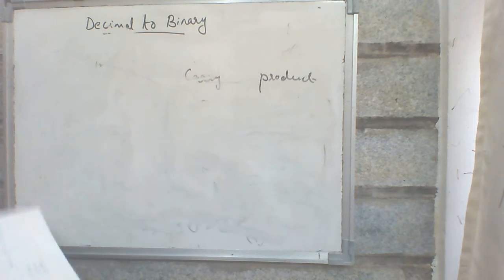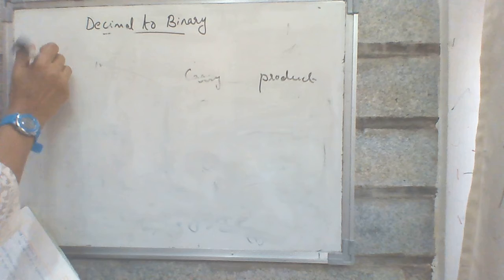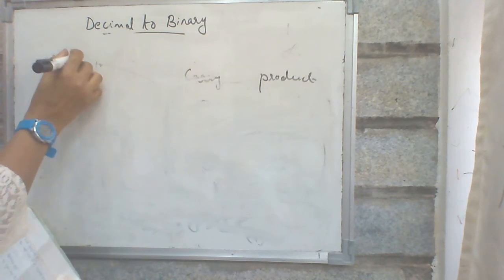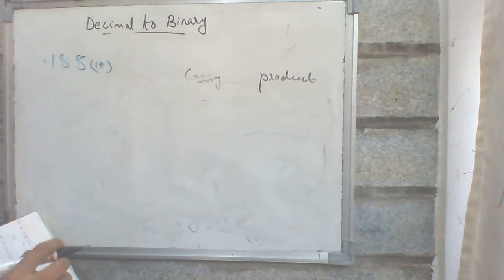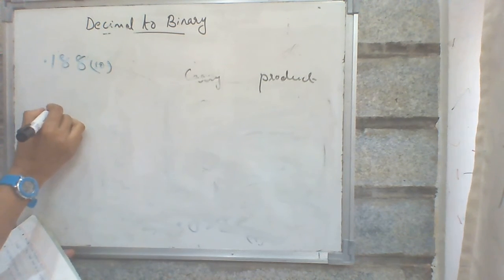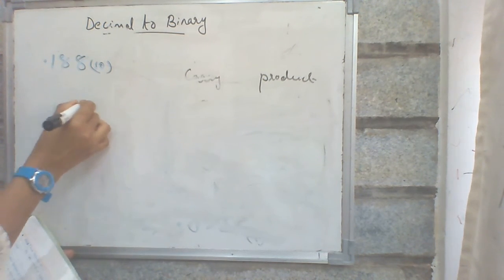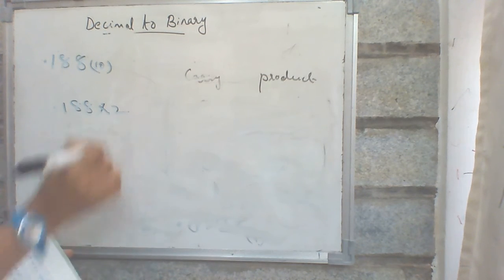Convert 0.188 to binary. Then the first step is 0.188 into 2.